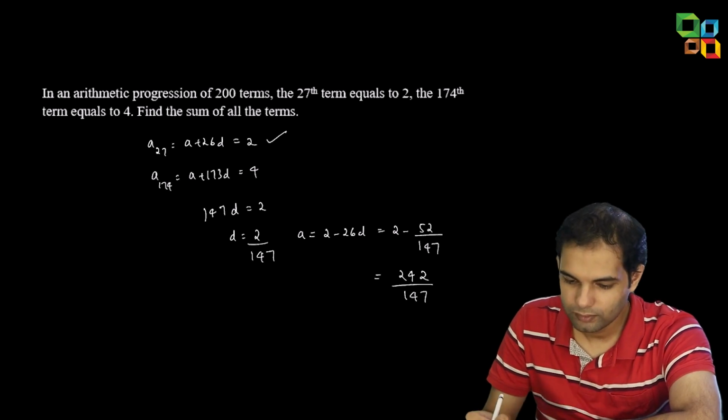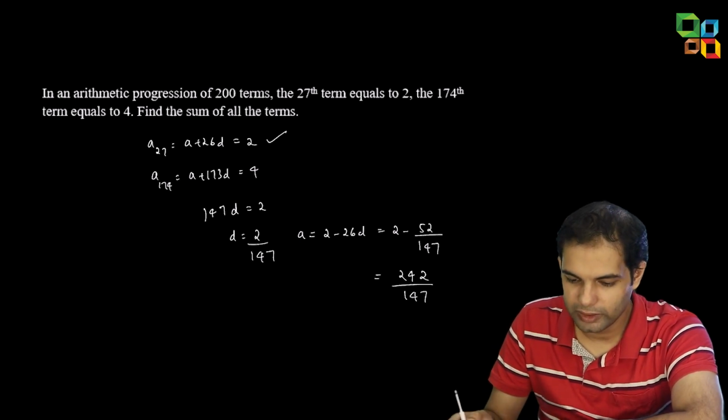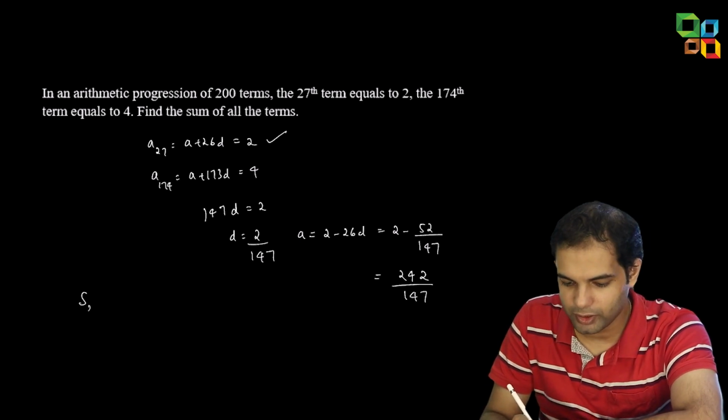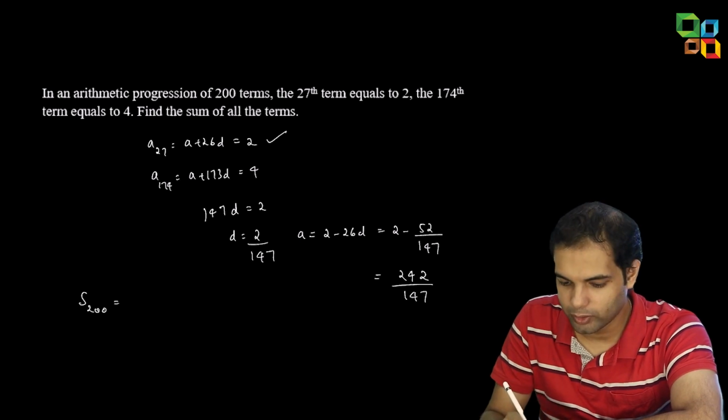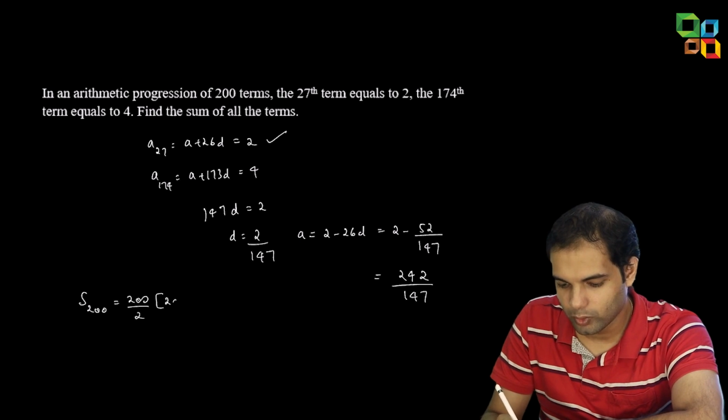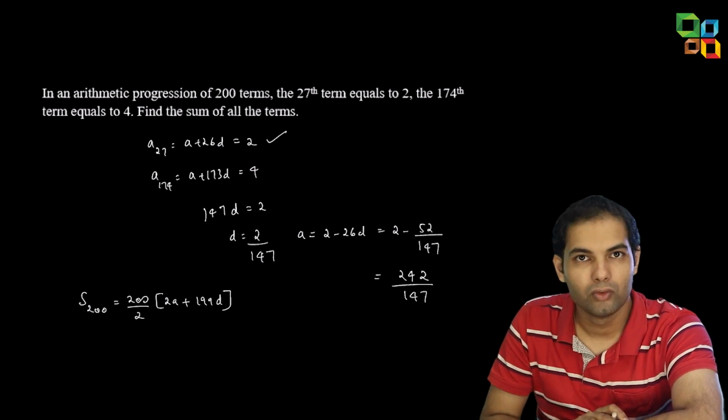So what we need to find is the sum of all terms, S200. It is n by 2, 200 by 2, into 2a plus n minus 1, so 199, into d. Did you multiply all this and figure out it was 600?